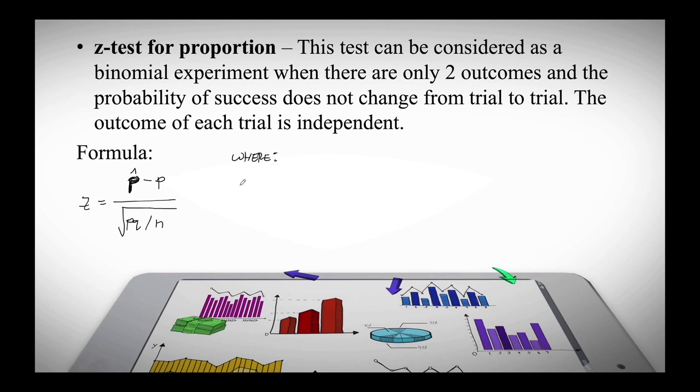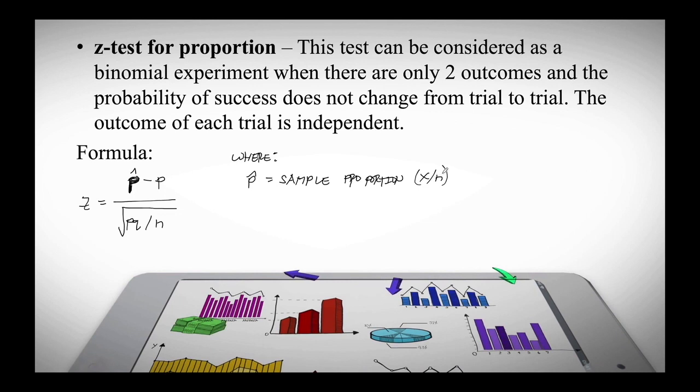When we say p hat, guys, this is a sample proportion. And this is denoted by x over n, or the point of interest over the sample size.